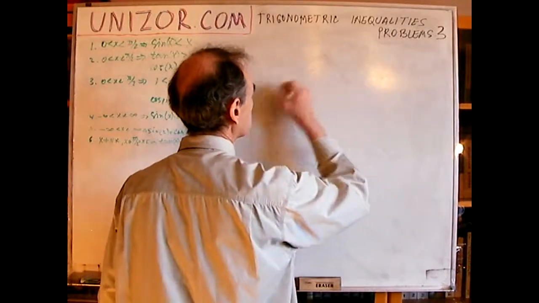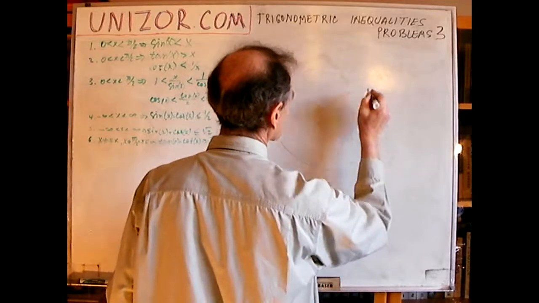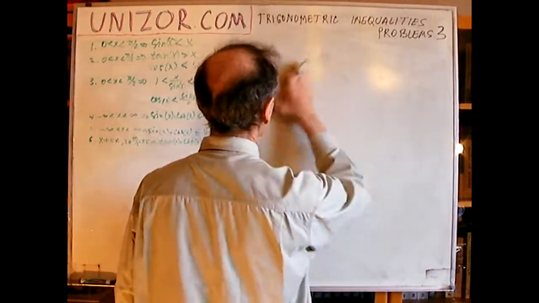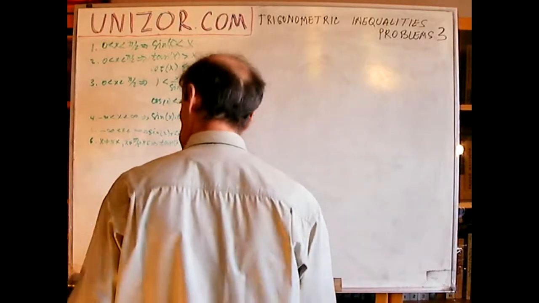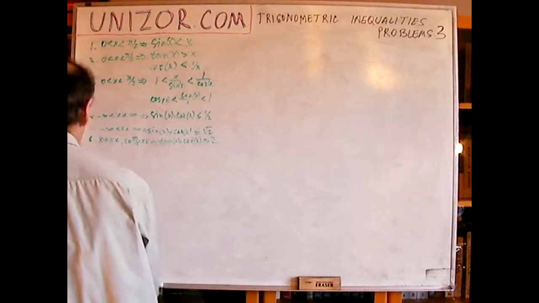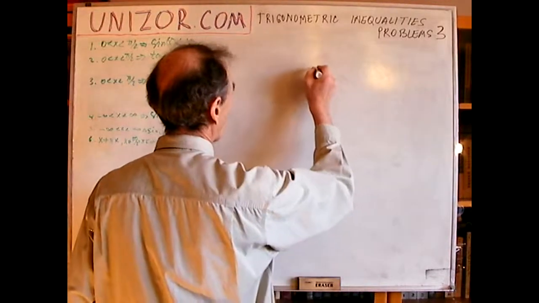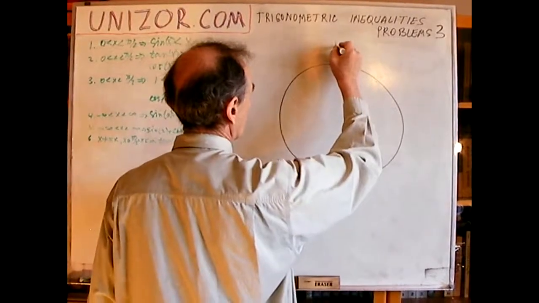So let me consider a unit circle. Doesn't look like a unit circle. Oh, this is a nice unit circle.